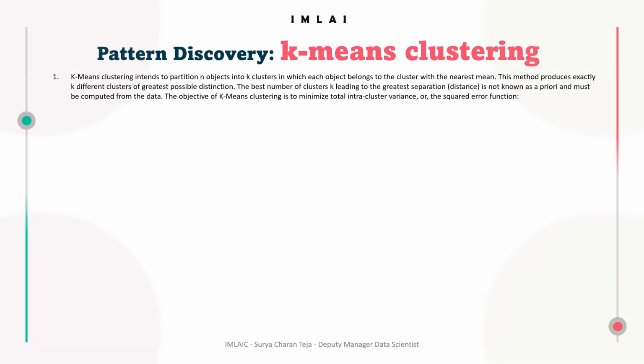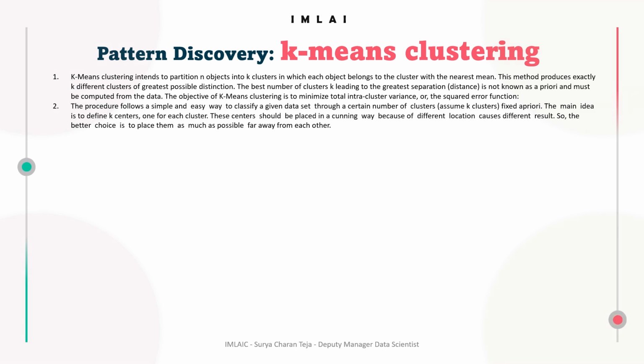The objective of K-means clustering is to minimize the total intra-cluster variance, or the squared error function. We're going to explore that now. K-means is one of the simplest unsupervised learning algorithms that solve the well-known clustering problem.